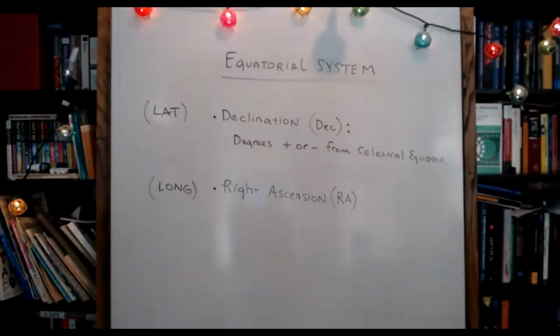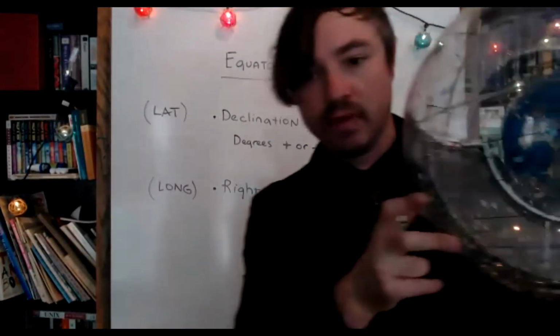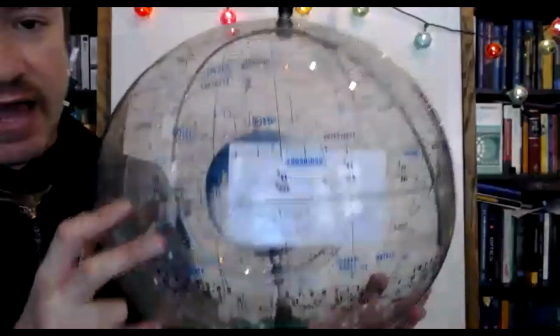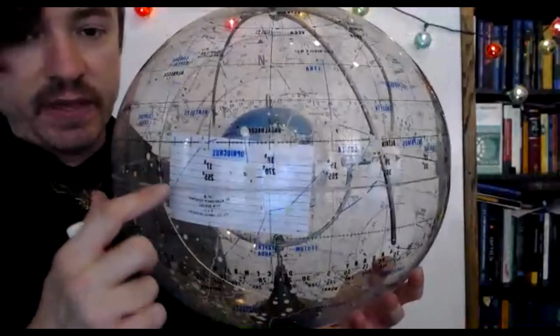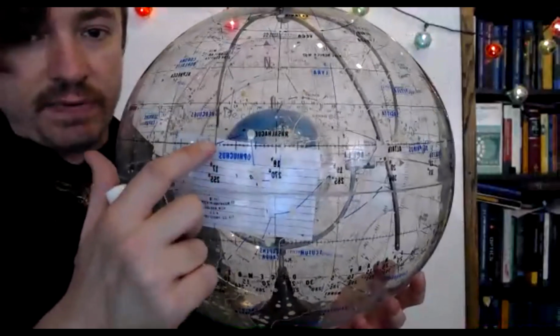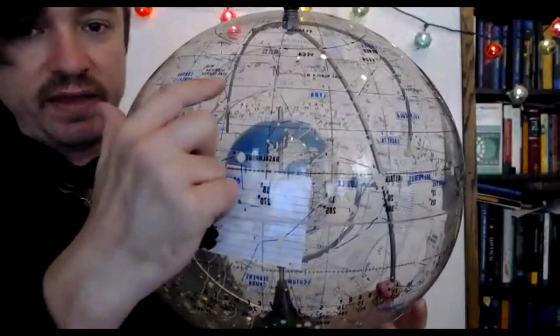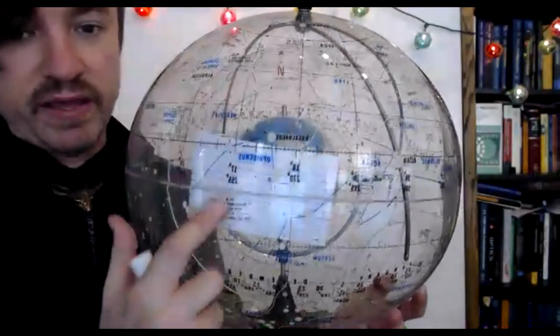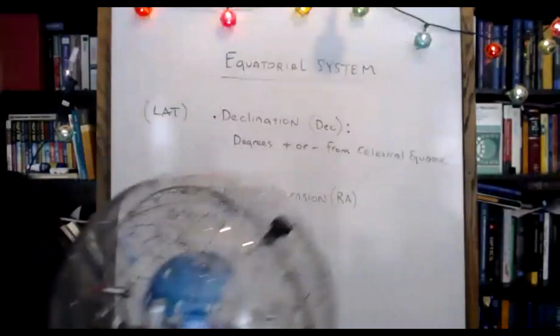In other words, here's my sky. The seam of the globe here is my celestial equator. If I go up from the celestial equator, positive 10 degrees, positive 20, positive 30, positive 40. If I go down, negative 10, negative 20, negative 30.